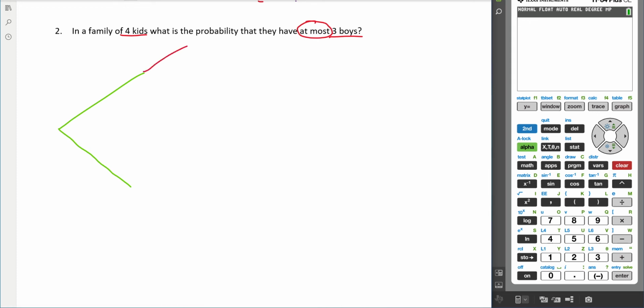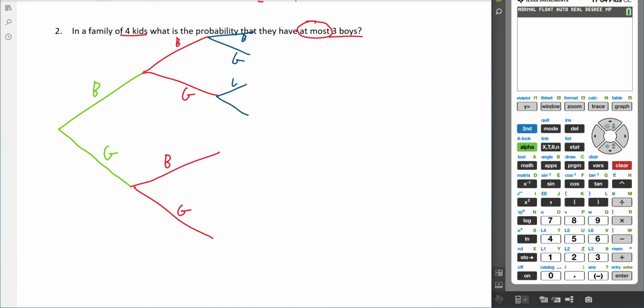The first kid is boy or girl. The second kid is boy or girl. The third kid is boy or girl. And finally, the fourth kid is boy or girl.